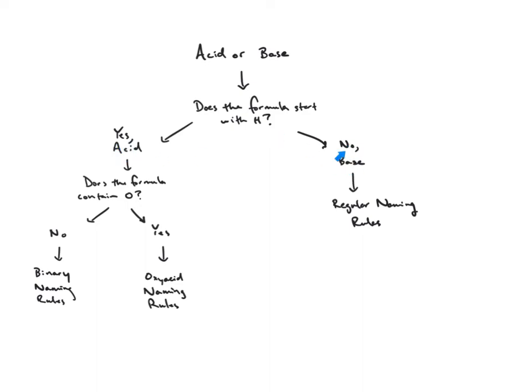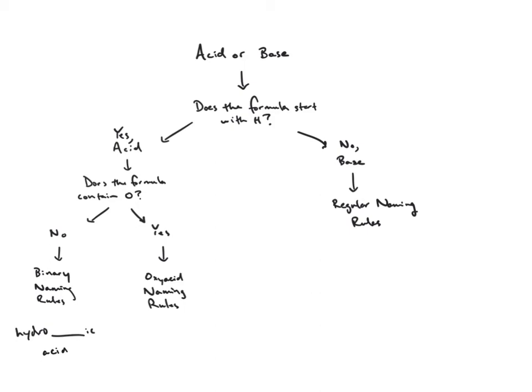If not, it's probably a base, with one exception. So it's an acid. And then the next question you ask yourself, does the formula contain oxygen? If it does not, use your binary rules. Okay, so this is hydro, whatever the root of the ion is, plus the word acid. So hydro-something-ic acid would be that side.